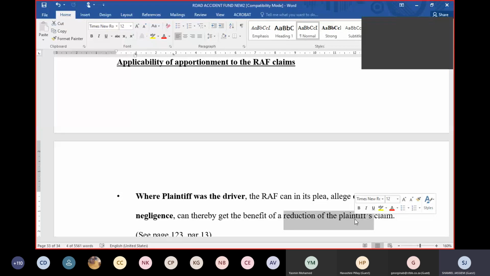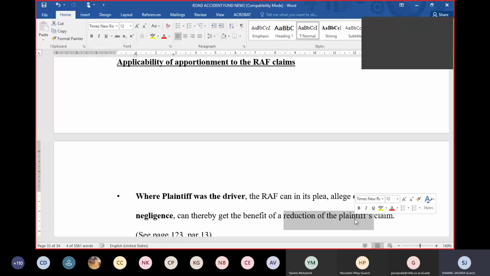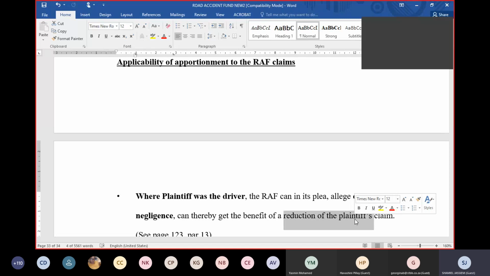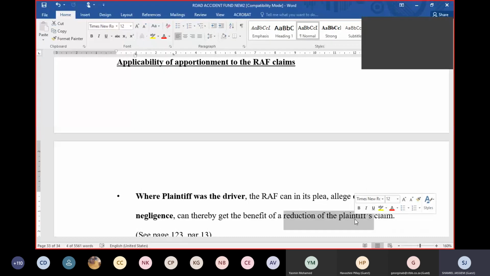So if her claim is reduced, did she fail to stop at the four-way intersection? No, she was merely an innocent passenger. Remember, since yesterday we said that negligence can only be attributed to a driver and never to a passenger. So I don't want to say my wife is innocent. My passenger is innocent. She's not always innocent, but let me be serious now.